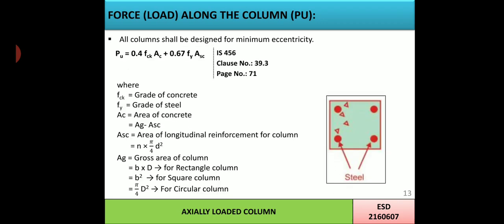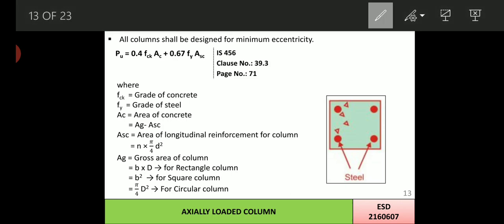Now force along the column. All the columns shall be designed for the minimum eccentricity as we discussed in the previous slide. So the force formula is Pu equals 0.4 fck Ac plus 0.67 fy Asc. Talking about the parameters, fck is the grade of concrete, fy is the grade of steel, Ac is the area of concrete, that is Ag minus Asc. Let's understand this formula.